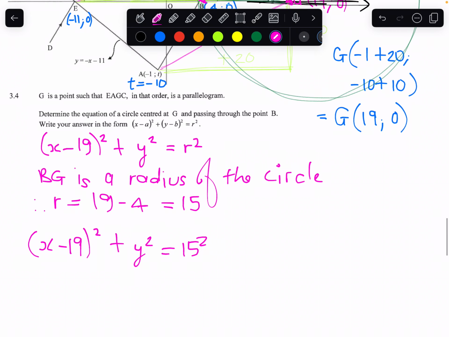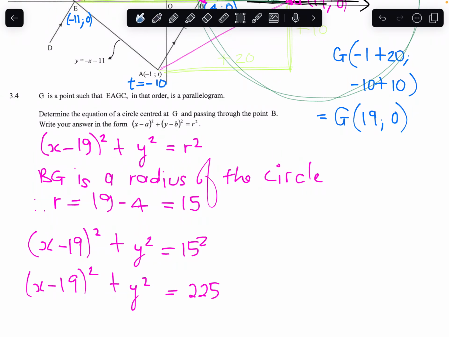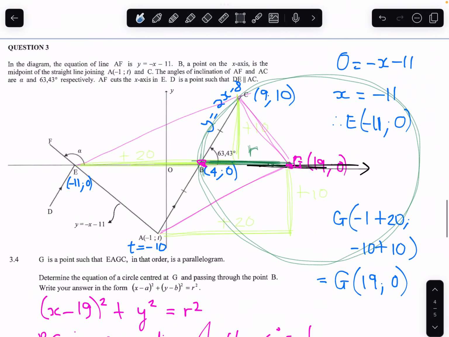And more simplified, (x minus 19) squared plus y squared is equal to 225. Okay, let's see what the memo says. So the memo says yes, she agrees. Awesome stuff.